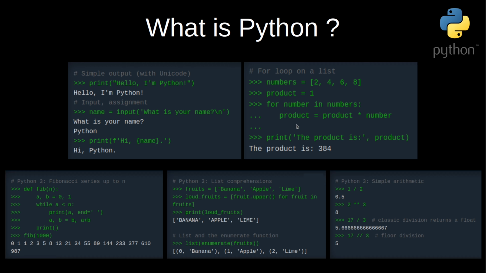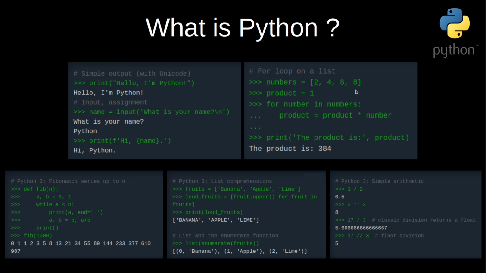Then at the third iteration, we have the assignment for the product variable as being 8 times 6, which is the third number of the list. So 8 times 6, it's 48.